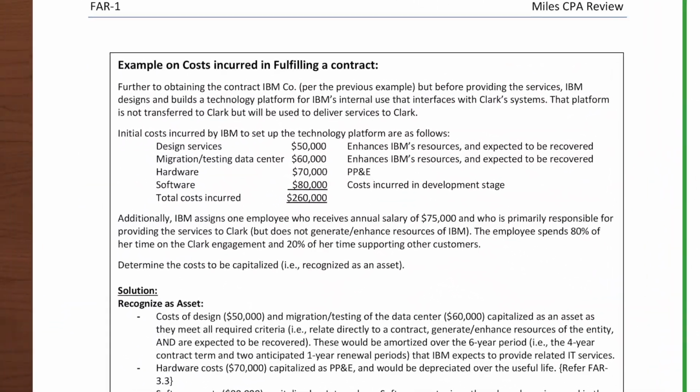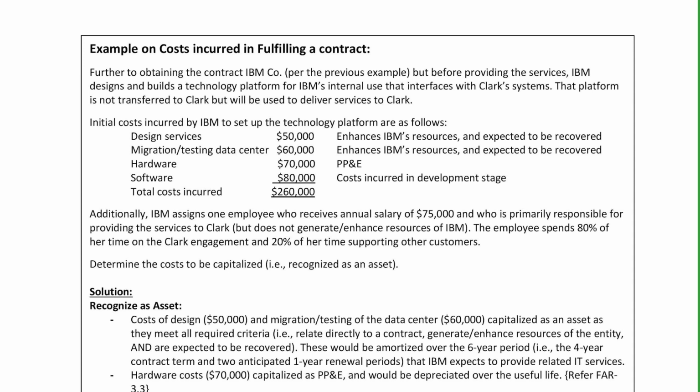Turn to page 62, where we have an example on costs incurred in fulfilling the contract. It says, further to obtaining the contract, IBM designs and builds a technology platform for IBM's internal use that interfaces with Clark's systems.